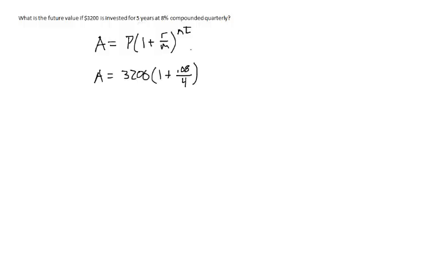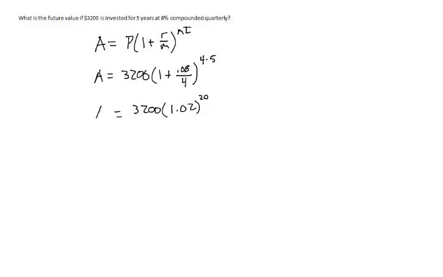And we invested it for 5 years, so we have 4 times 5. So now let's simplify all this. We have 3,200, and 0.08 divided by 4 is 0.02, so we have 1.02, and 4 times 5 is 20.